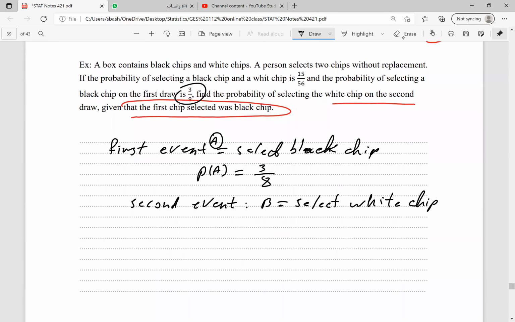Now A and B, we're selecting black and white, is given as 15 over 56.